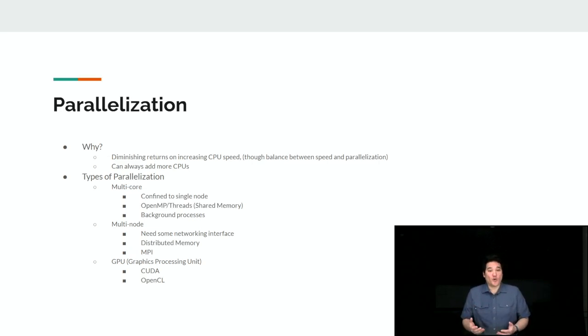Next, there's multi-node parallelization. So this is you have multiple nodes and you can communicate across the network to different nodes to kind of update state and things like that. So the program can know when the job is done, or if your code is reliant on multiple parts of data being processed, and they need to wait for all of it to be done before it can move to the next step.